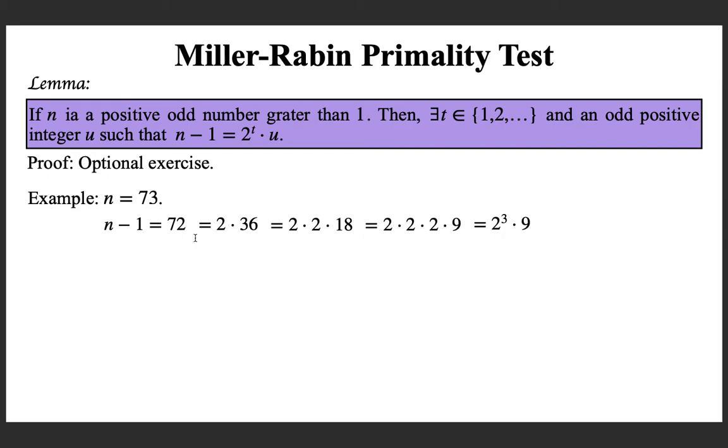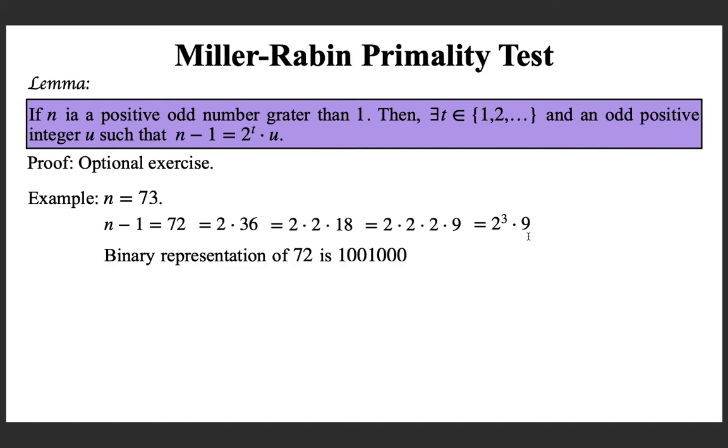Now a nice thing about the binary representation of this form is that this number is 72, and this is the binary representation, say 2 to the power 6 plus 2 to the power 3, which is 72. Observe that if you look at the binary representation of 9, it is 1001, right?